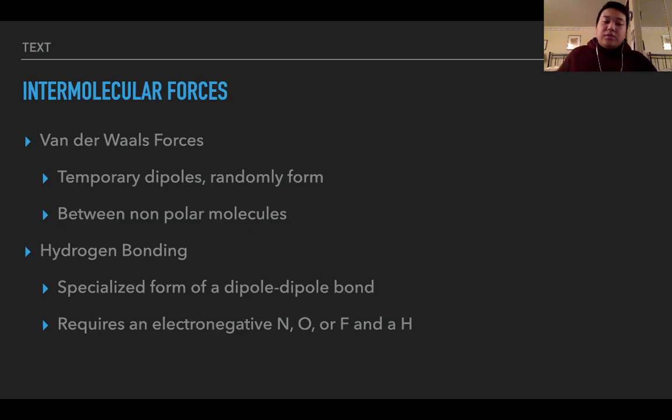The need for an electronegative nitrogen, oxygen, or fluorine is because those three atoms tend to be some of the more electronegative ones. They will have a strong interaction with a partially positively charged hydrogen atom. And if you want, your SIs can go more into depth with that. And I'm sure Dr. Maduro has gone in depth with that too.